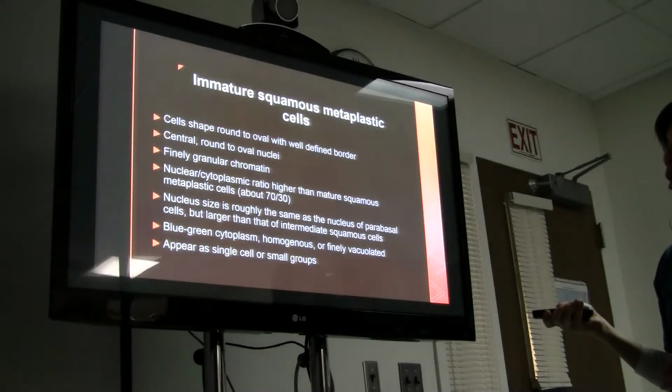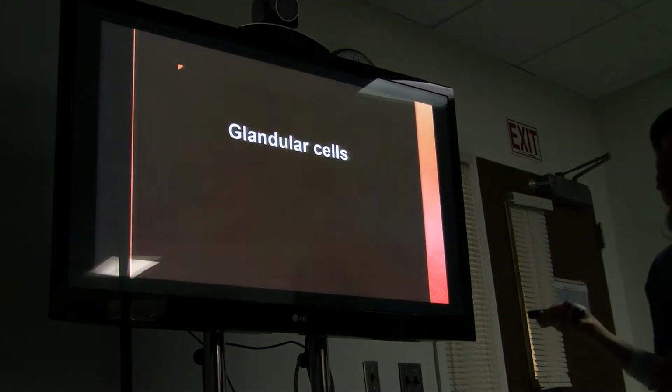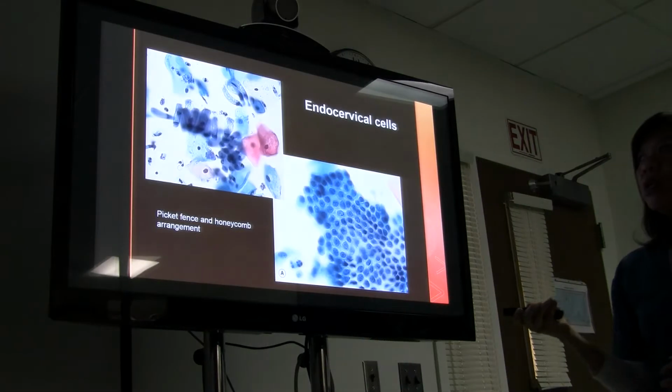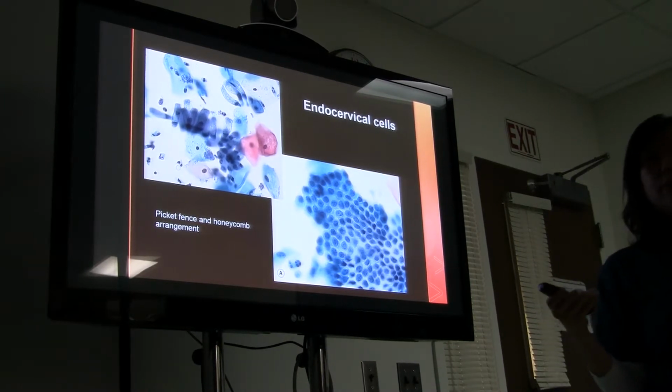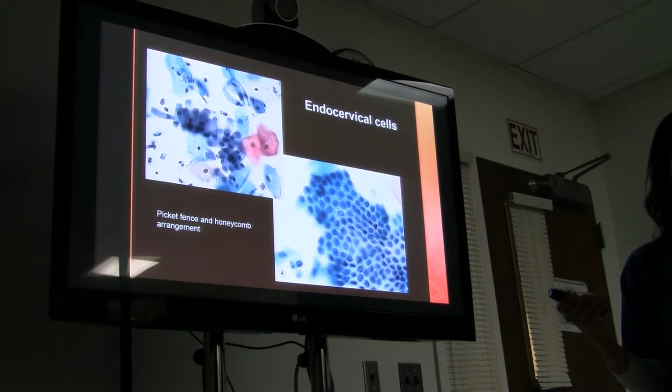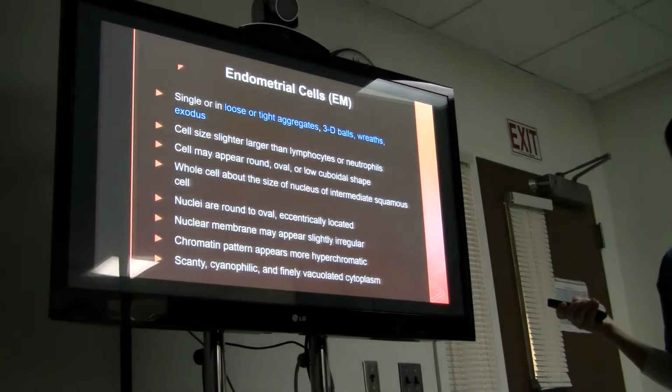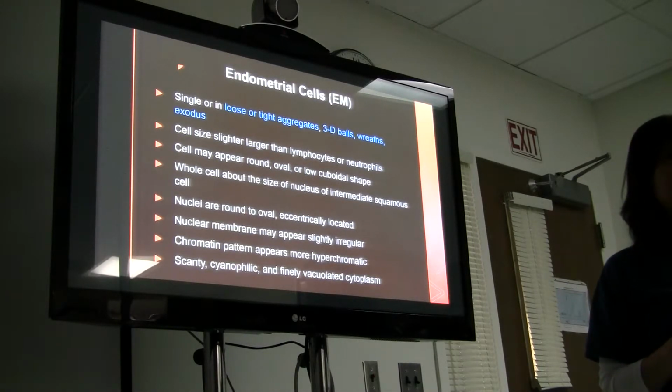Now, normally, during a sampling process, you would not expect to see endometrium being sampled, because it's really high up in the endocervical canal.